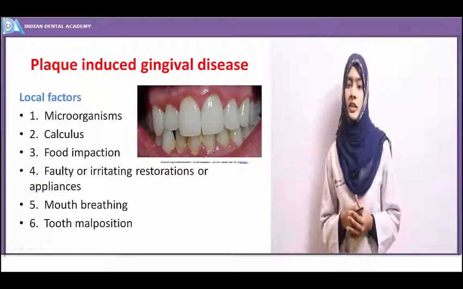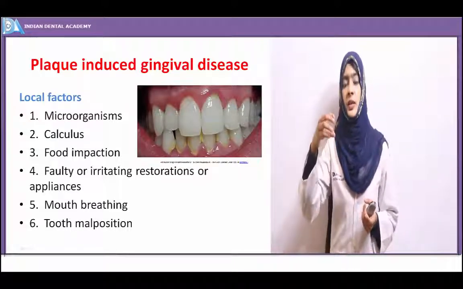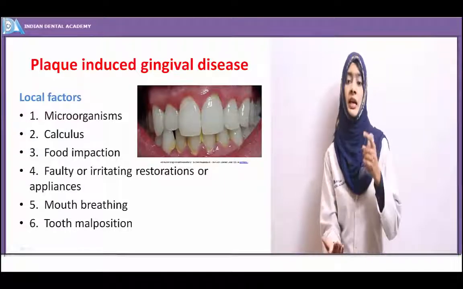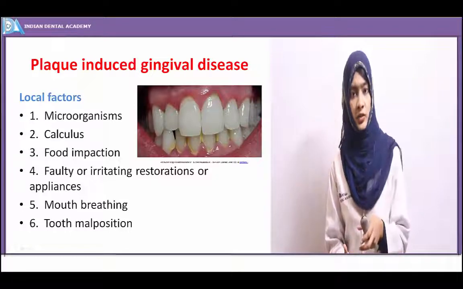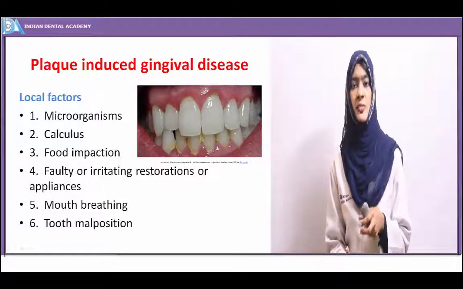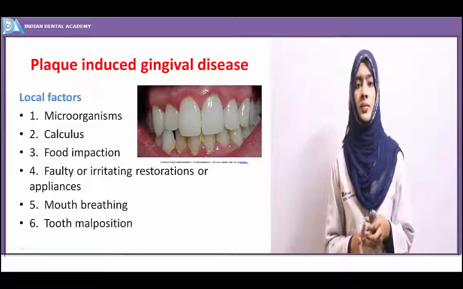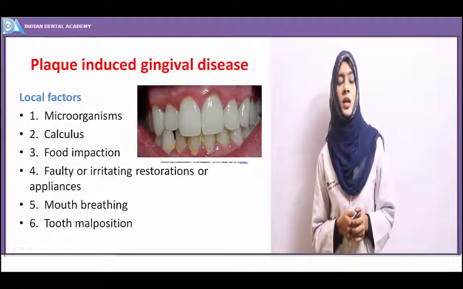Faulty or irritating restoration. Sometimes in proximal restorations, if the restorative material is overhanging from the proximal margin, it acts as a source of accumulation of food debris or microorganisms, and it irritates the gingival margin, leading to gingivitis or the beginning of inflammation. Again, mouth breathers.